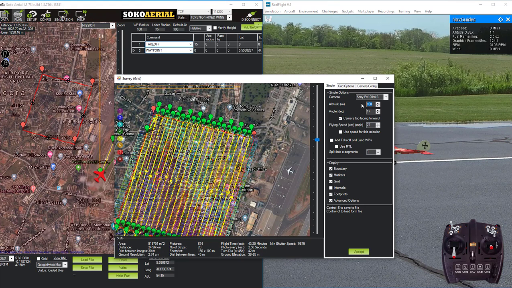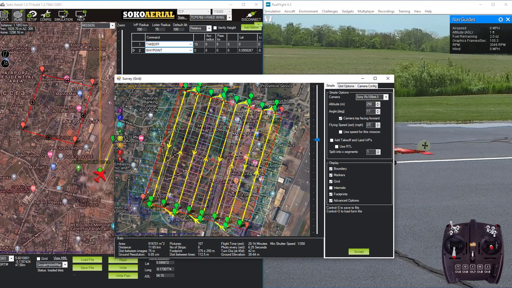Let's increase our height to somewhere around 250 meters, which I think is a decent height. We have a reduction in flight time of about 20 minutes, we're doing about 8 strips, and we now have a reduction in the number of images.